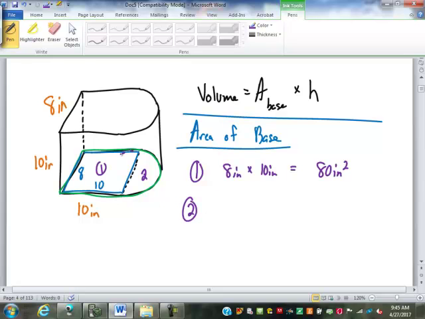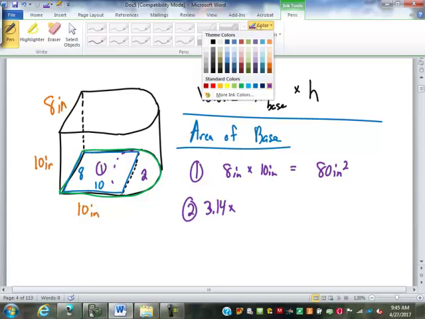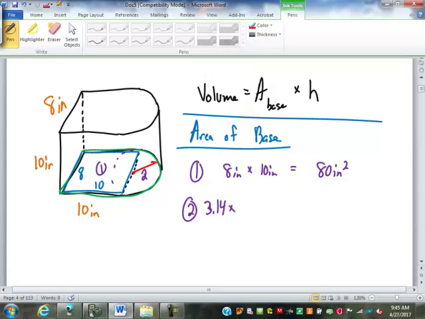So I'm going to treat it like it's a full circle. So that's going to be pi, 3.14 times... What's its radius? Well, what's this distance across here? 8. That's the diameter because it goes all the way across the circle. So the radius would have to be 4.